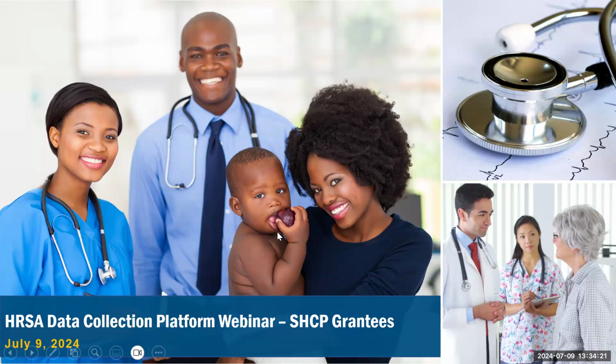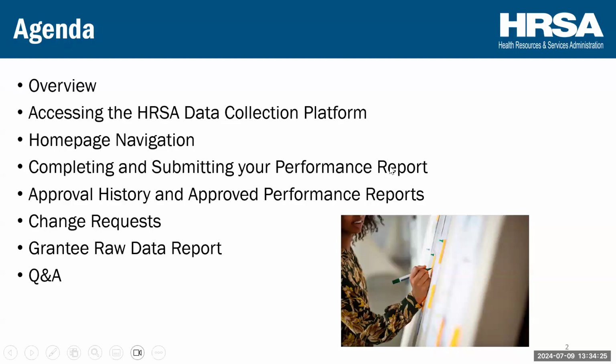First things first, we have a little agenda for today. We're going to start off with a quick overview of this change and who's going to be affected. Then we'll look at how to access the new HRSA data collection platform and how to navigate the homepage.